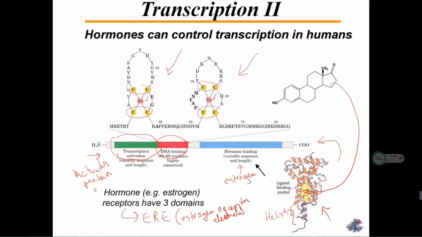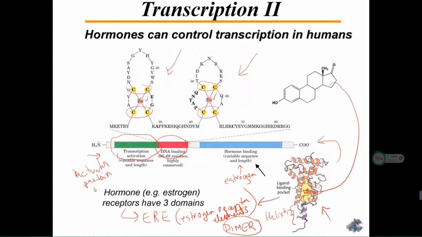They have a specific consensus sequence found in the DNA. And likewise, as the recurring theme is for DNA binding proteins, the estrogen receptor will bind as a dimer to the EREs. So we need 2 of them to bind to the ERE, the estrogen receptor consensus sequence found in the DNA.